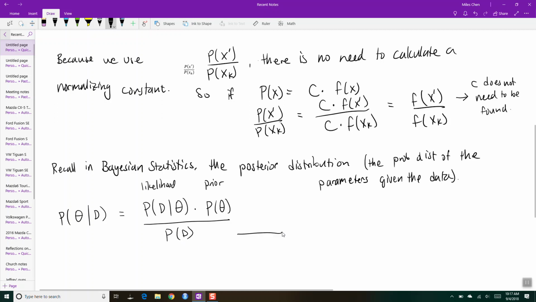And we said the probability of the data is equal to the marginal probability, which is a constant, and difficult to calculate.